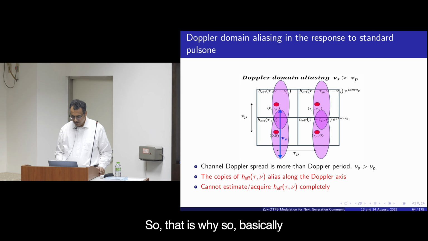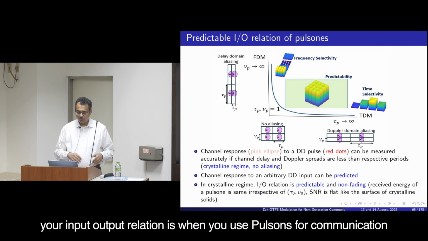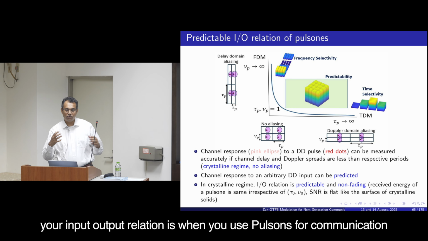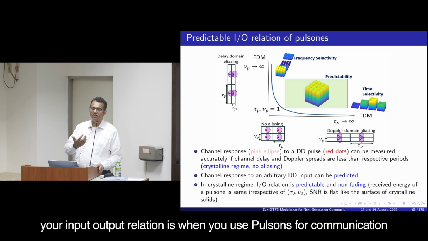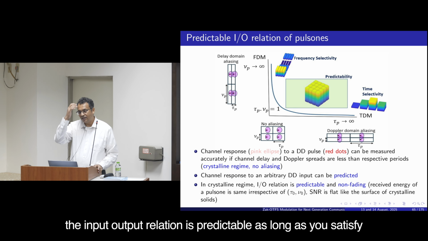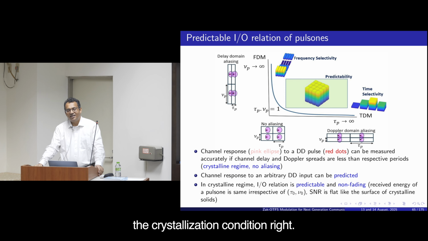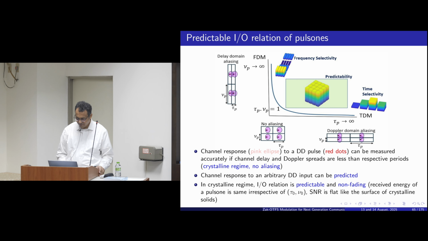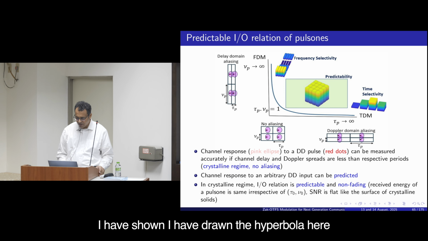So basically, when you use pulsons for communication, the input output relation is predictable as long as you satisfy the crystallization condition, right. I have drawn the hyperbola here.